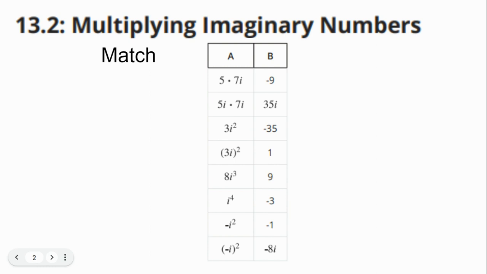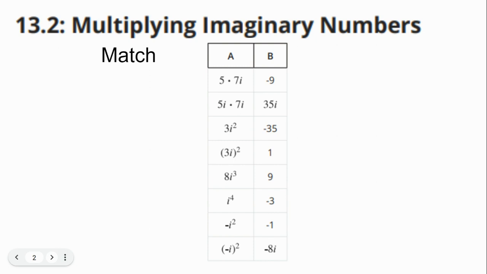This is 3i squared, so that just makes it -3. 3i quantity squared means 3i times 3i, which is 9i squared. So that turns into -9.